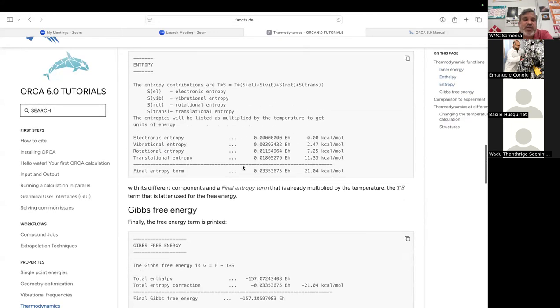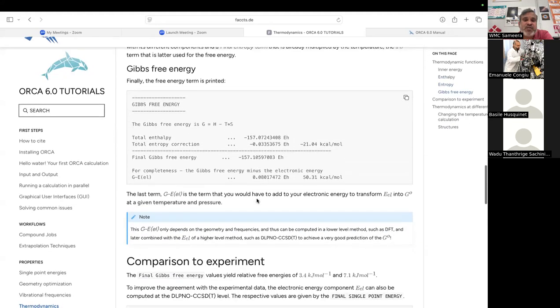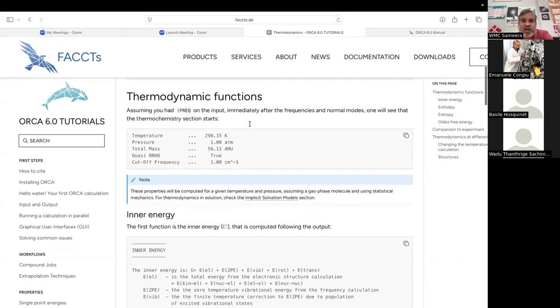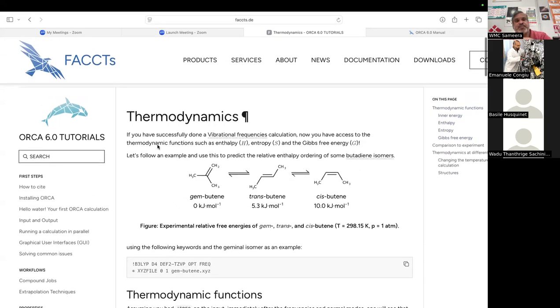And you can do the same if you compare the Gibbs free energy. In this case, the difference is we include the effect from the entropy, which is very important in some cases. So please make sure that you understand these points.